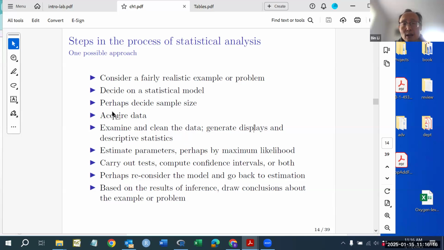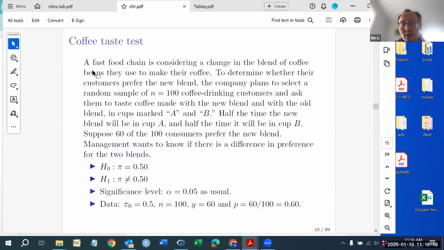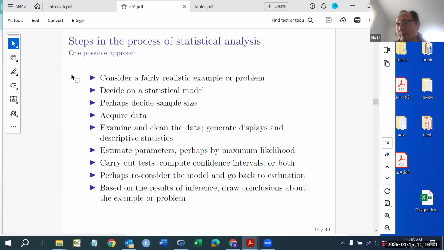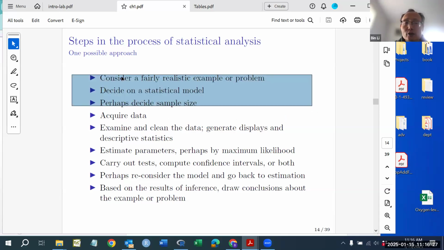Here the most important part is actually before you collect the data, because you need to have a good design of the surveys or a good design of the experiment. Planning ahead is the key to the success of an experiment or a survey study.